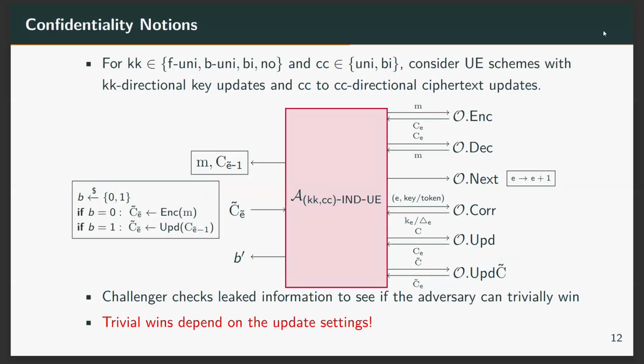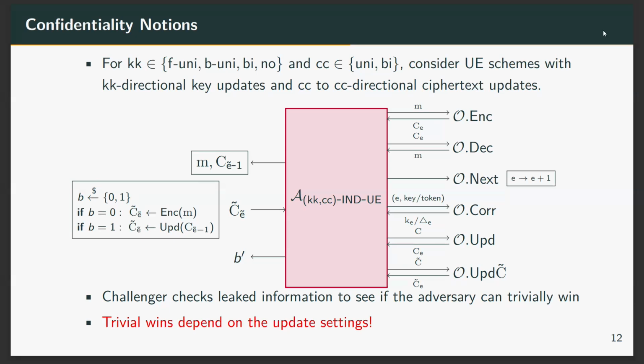So let me give you a little bit about these security notions. When you define this formally, it needs to involve this game. You can think of this as IND-CCA or IND-CPA for symmetric encryption. You have the encryption oracle, you have the decryption oracle as usual, and you can update the epoch as time goes, and you can corrupt either the key or the update tokens.